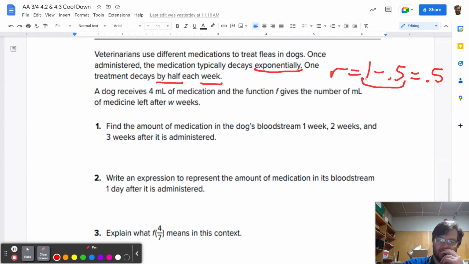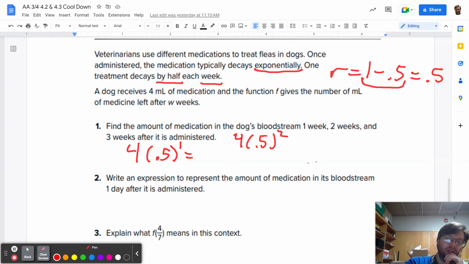Okay. So find the amount of the medication in 1 week, 2 weeks, and 3 weeks after it's administered. So we start with 4. It's half as big at 1 week. Then we have 4 half as big at 2 weeks. Then we have 4 half as big at 3 weeks, like that. And this is just typing it into your calculator.